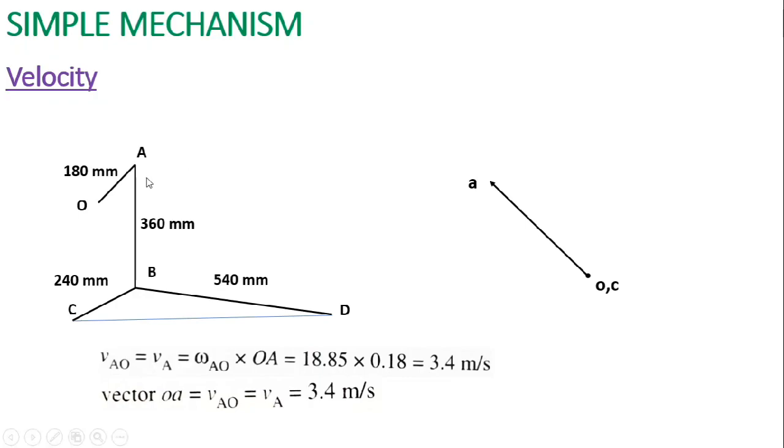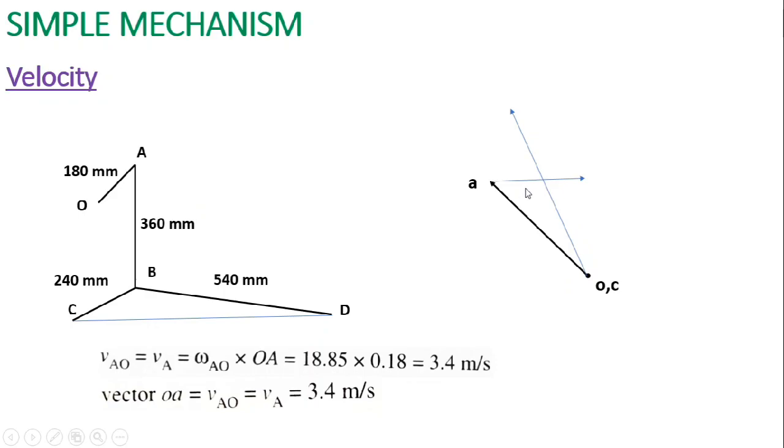Next, the velocity vector for AB will be perpendicular to it. We know only the direction, but we don't know its magnitude. Also, the velocity vector of CB will be perpendicular to it. We know only the direction, but not the magnitude. So here the velocity vector of link CB, perpendicular to that link from point C, is drawn in this direction, and the velocity vector of AB, perpendicular to that link, is drawn in this direction.